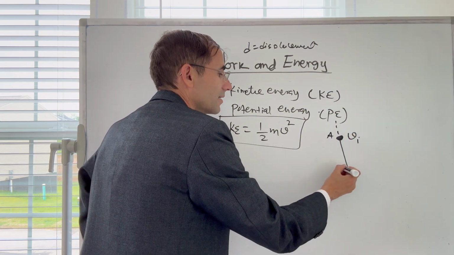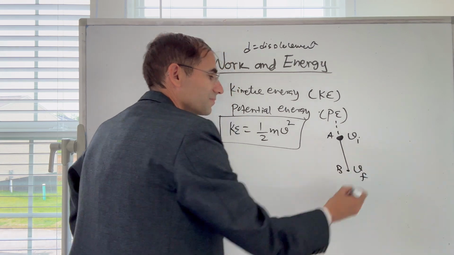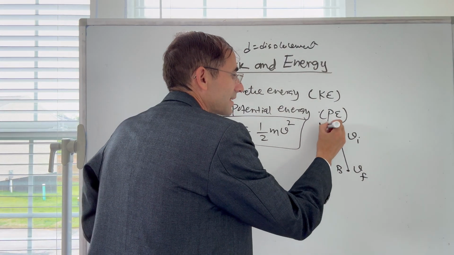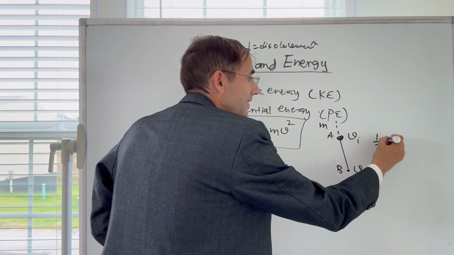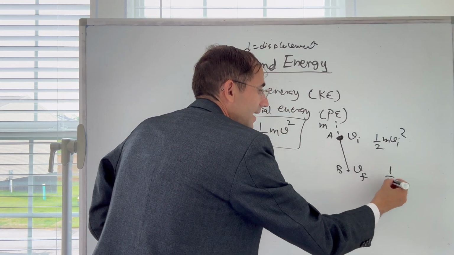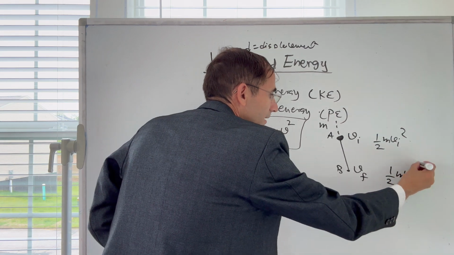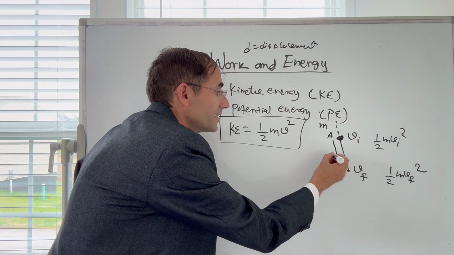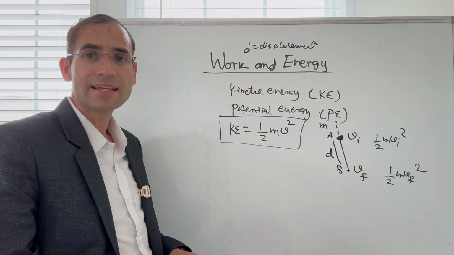At location B, its velocity is, let's say, vf. That object has mass m, so it has kinetic energy 1/2 m vi squared at location A, and kinetic energy 1/2 m vf squared at location B. Suppose it displaces a distance d as it moves from A to B.